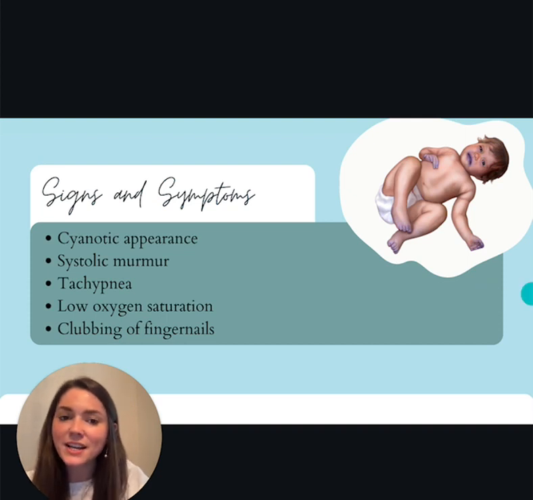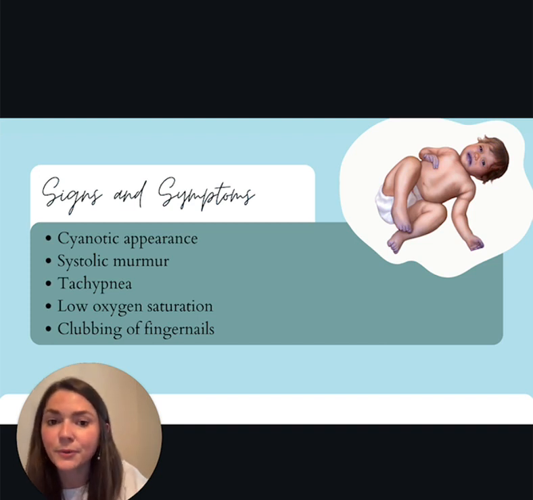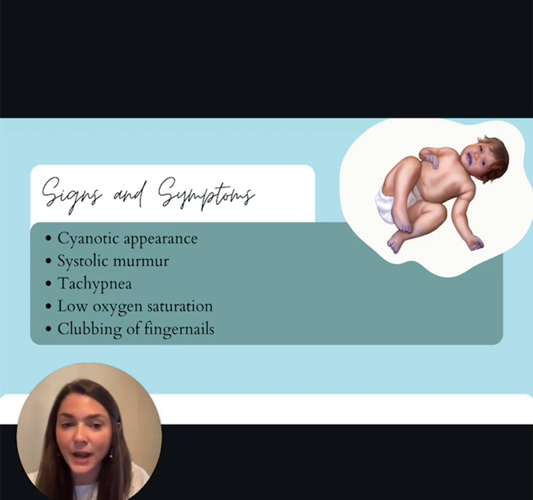So now I want to discuss what we may see as some signs and symptoms in an infant with Tetralogy of Fallot. So let's think about that ventricular septal defect and that overriding aorta. The two of those are causing oxygenated blood and deoxygenated blood to mix together and be sent out into different parts of the body. So I want you to think of deoxygenated blood as being blue and oxygenated blood as being red.